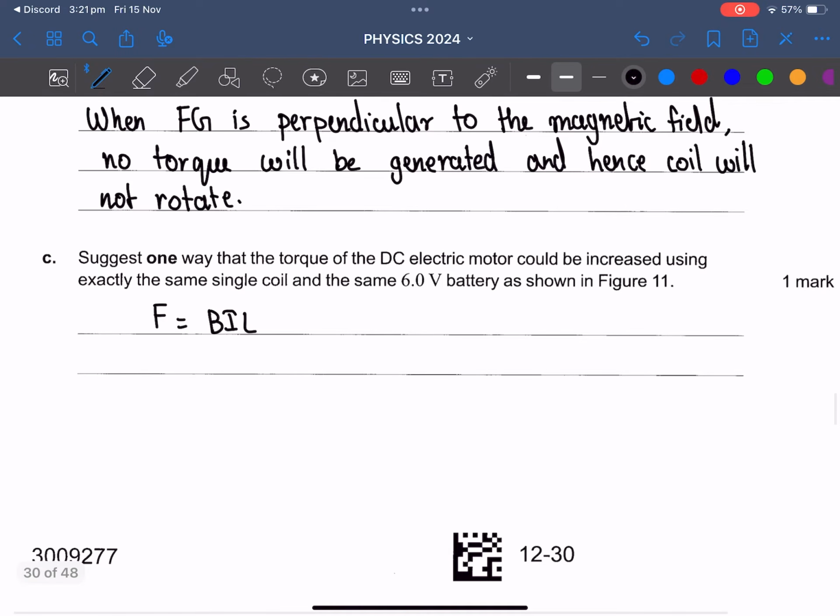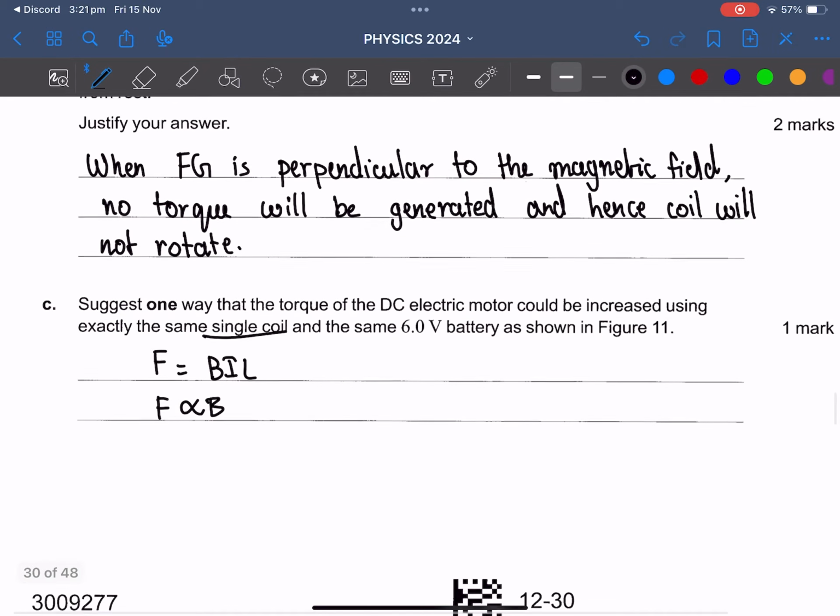Yeah, so F is proportional to B, F is proportional to I, and F is proportional to L. So basically, if you're using the same coil, L is kind of irrelevant.